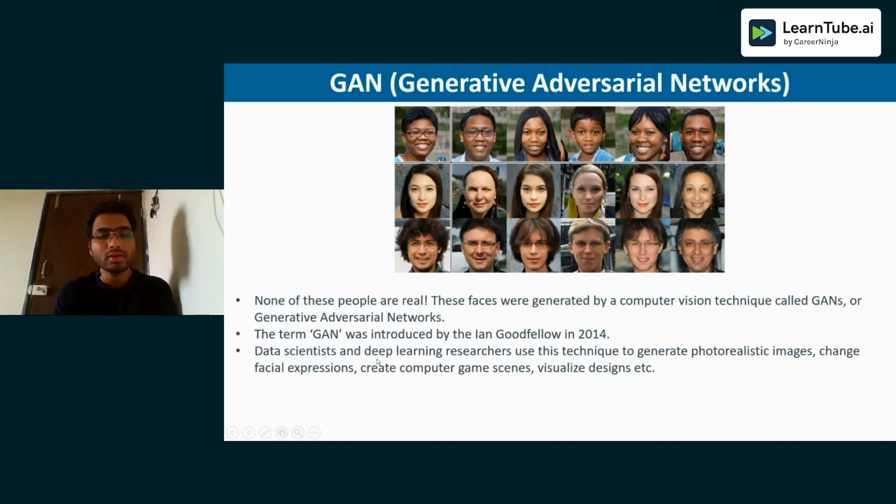It says that data scientists and deep learning researchers use these GANs to generate photorealistic images and also change facial expressions. In the recent few years, you might have seen fake videos coming out on different social media platforms.